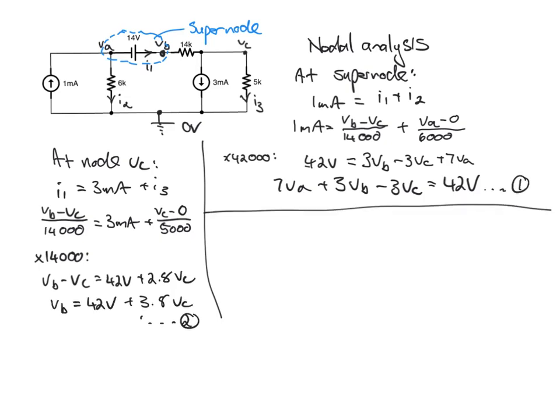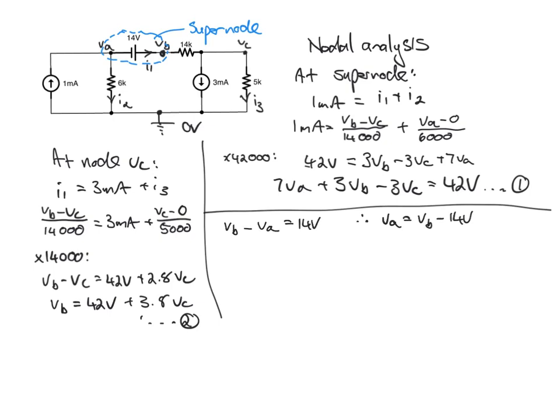And our last expression comes from the supernode over here. So you can see we've got the 14 volt voltage source. At the higher voltage we have VB, and at the lower voltage we have VA. So we know that VB minus VA is equal to 14 volts. So therefore VA is equal to VB minus 14 volts.